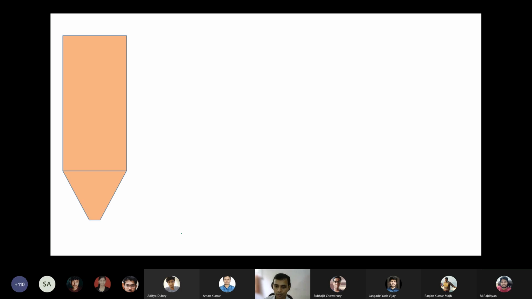Let's say this is the silo, and I want to derive the variation of stress along the height. How do I find out this profile? What is the procedure we use in typical chemical engineering? Anyone remember?